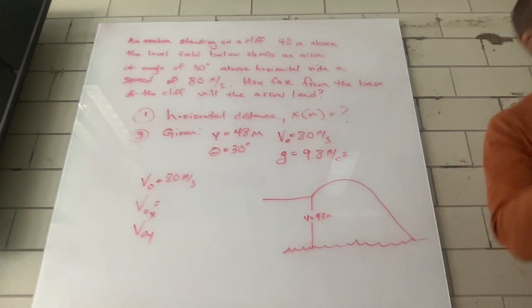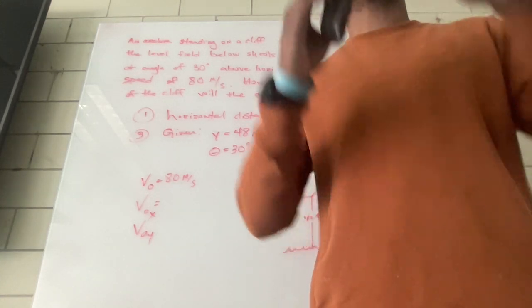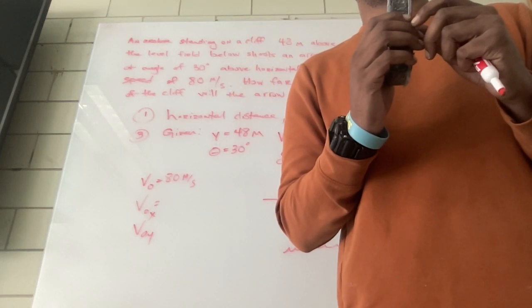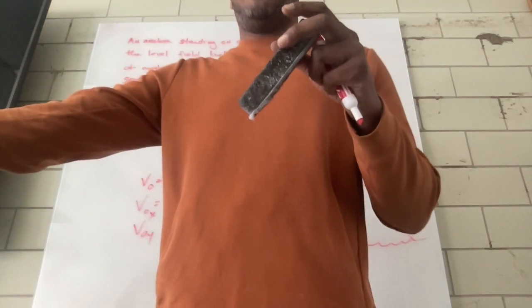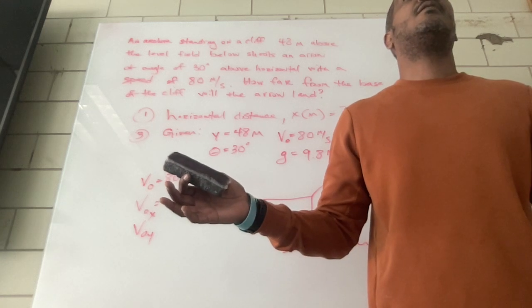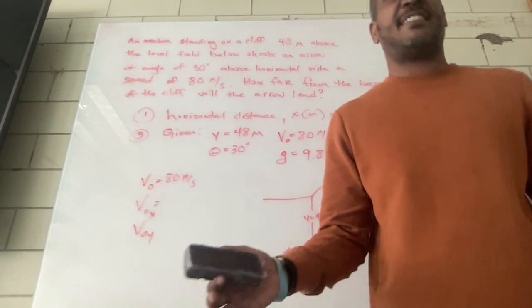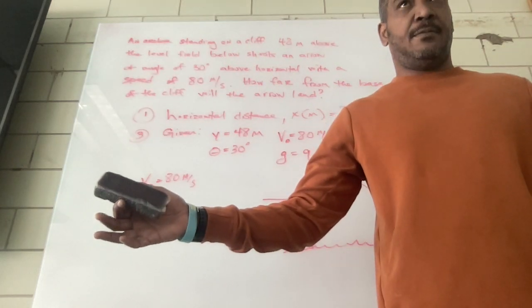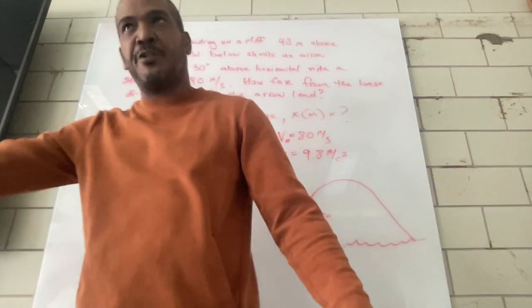I know what you're trying to say, but that's not exactly correct. Where the arrow lands is a location. What are we looking for? A distance. So how do you describe a distance? From one spot to another spot.